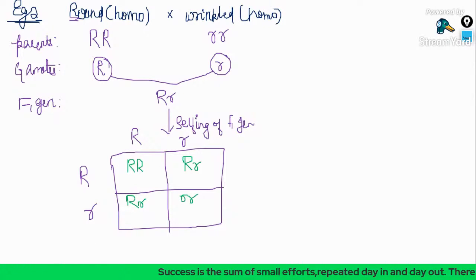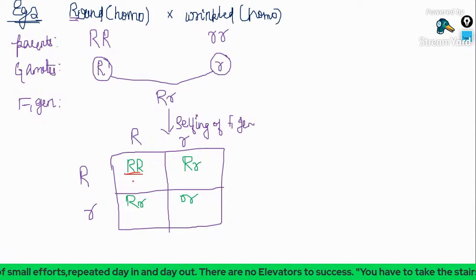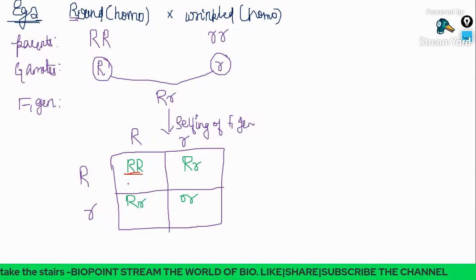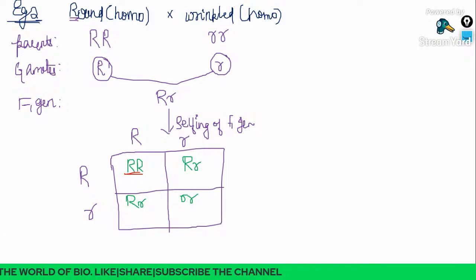So what does capital R stand for? I'm waiting for your reply. What is capital R? What is the phenotype? Is it round or is it wrinkled? Tell me fast on the chat box.